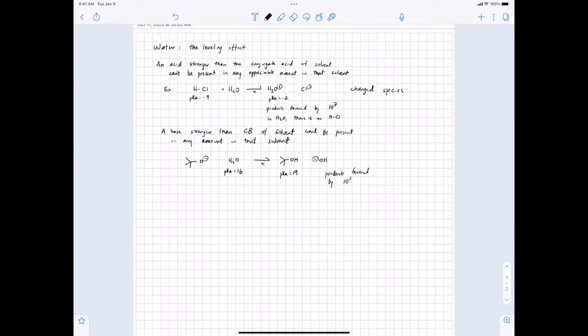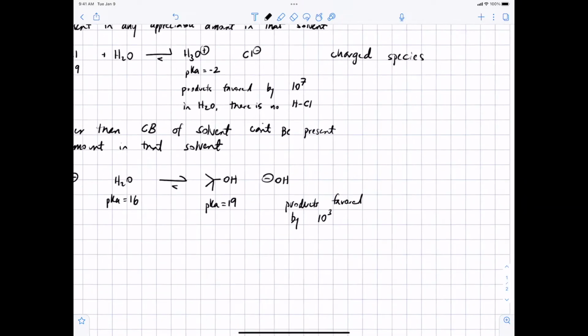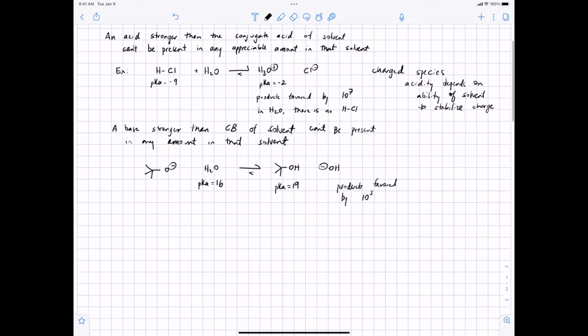And so you might expect acidity to depend on the ability of the solvent to stabilize charges. And so that's why we talked about non-covalent interactions in chapter 3, because it's important to understand those types of interactions as ways in which the solvent can stabilize charged species.